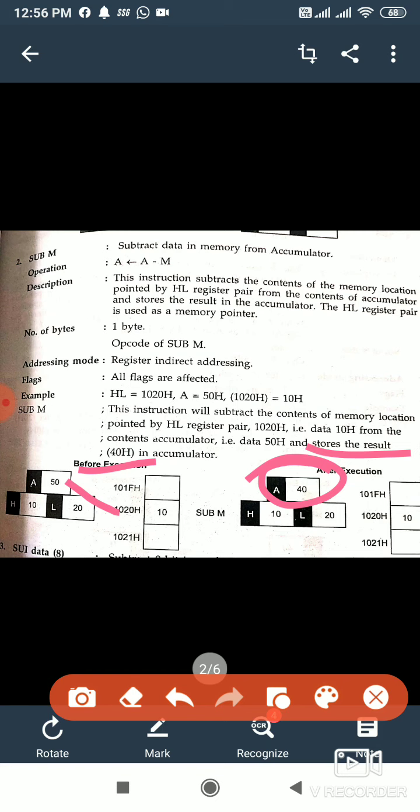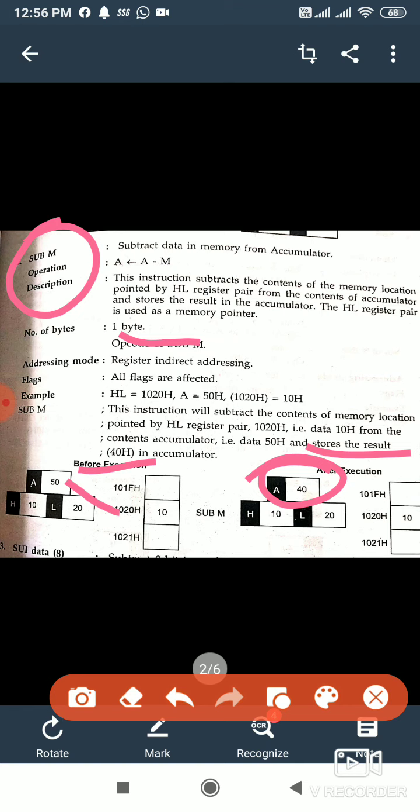Now what is going to take place in this instruction? As we see, the instruction subtract M is only the opcode, so it is a 1 byte instruction. It means we have to draw the timing diagram with only opcode fetch. But there is a change.